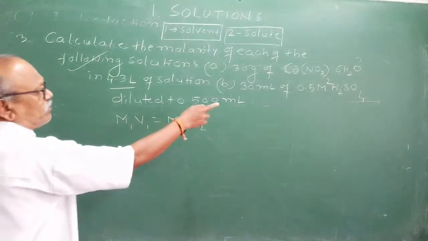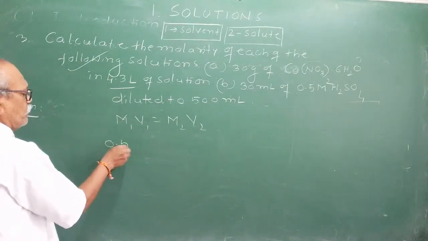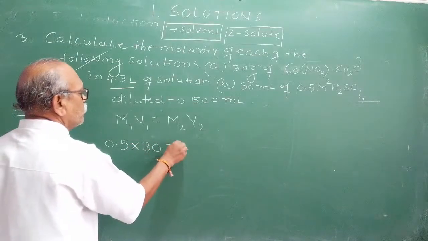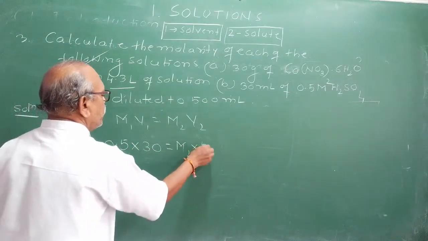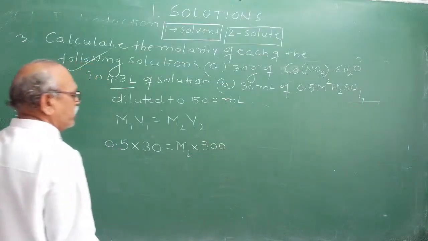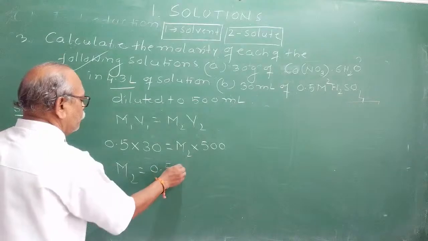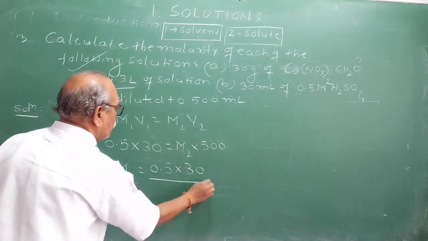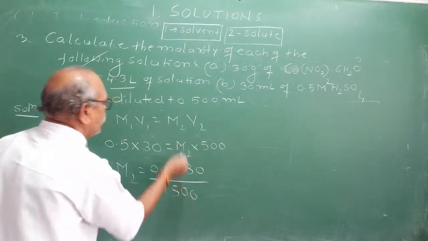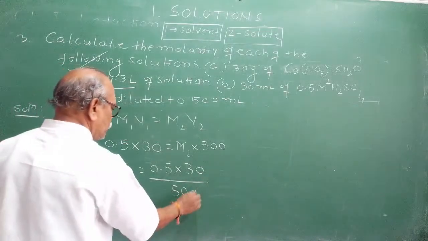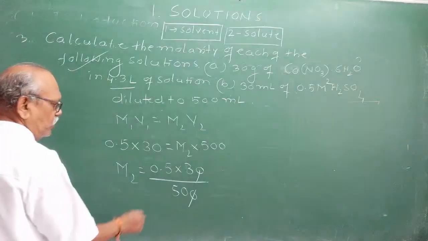Observe, 30 ml of 0.5 m H2SO4. 0.5 into volume 30 ml is equal to M2 into, when it is made into 500 ml, you can write 500. Now you can easily get M2 is equal to 0.5 into 30 upon 500. You studied already, M1 V1 is equal to M2 V2. So 0, 0 cancels, right?